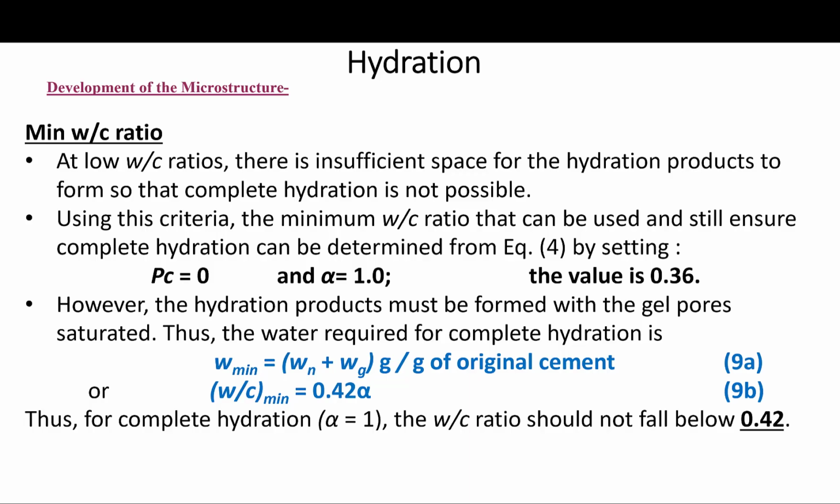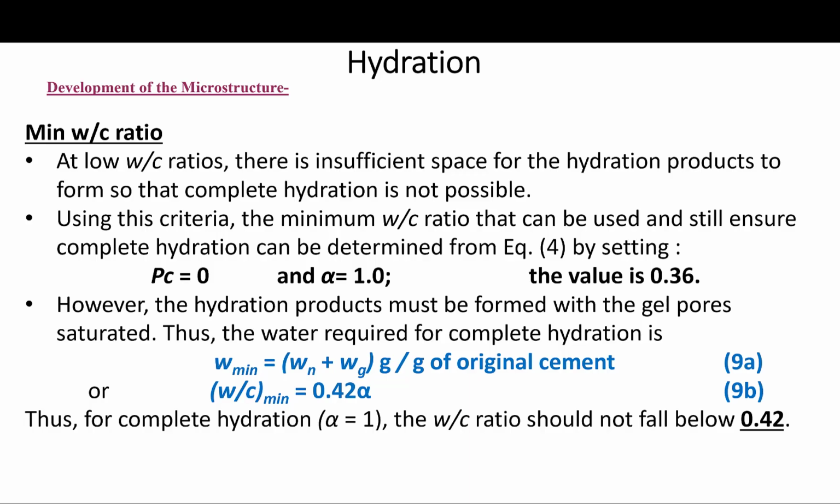However, the hydration products must be formed with gel pores saturated. So the water required for complete hydration is as follows from equation 9a, which is the minimum water equals the non-evaporable water plus the gel pores, gram per gram of original cement, or as shown in equation 9b, this value equals 0.42 times alpha, the degree of hydration.